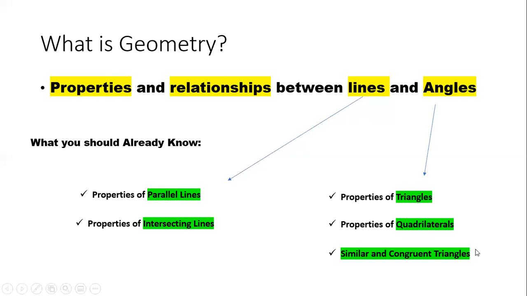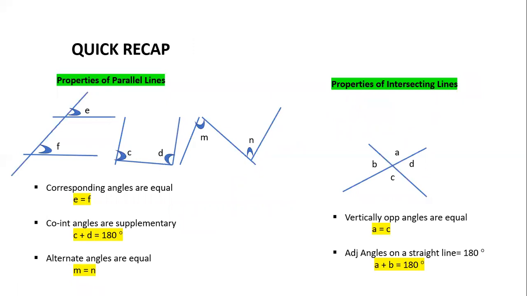I believe you learned all this in grade 10 and earlier grades. So you should remember those in order to understand circle geometry. So quick recap, okay? We're gonna quickly go over these properties just to refresh our memory.